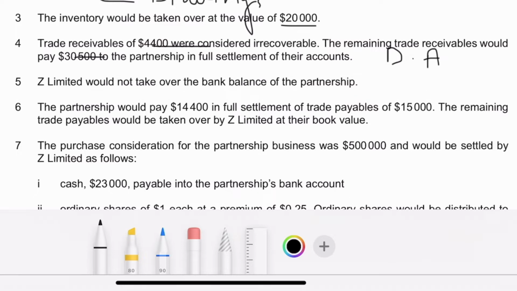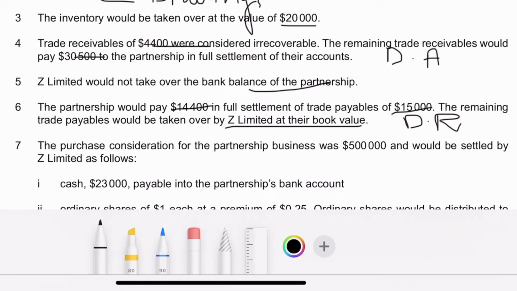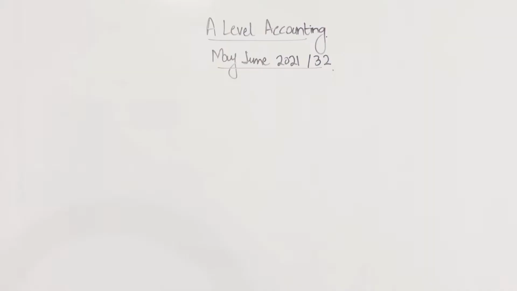Then you have a bank balance of the partnership, which would not be taken over. The partnership would pay 14,400 in full settlement. So we can see there is discount allowed of 600. The remaining trade payables will be taken over by Z Limited at their book value, which means Z Limited will be recording in their books of accounts. The purchase consideration has been provided, 500,000, and the breakup has been provided. So we'll do the workings and you will better understand the question.